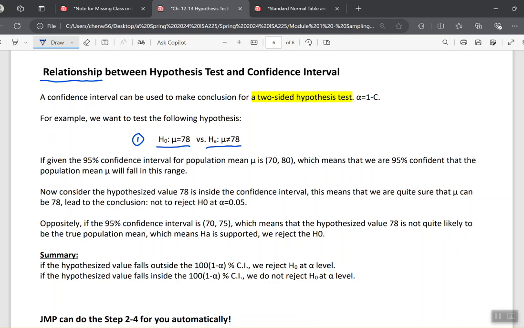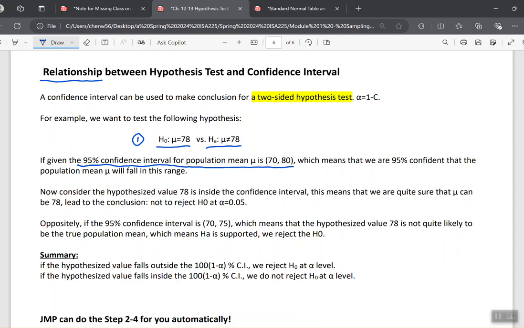But in this case, I give you actual information. I also have the 95% confidence interval for the population mean mu, which is 70 to 80. Now, what is the conclusion based on this information?